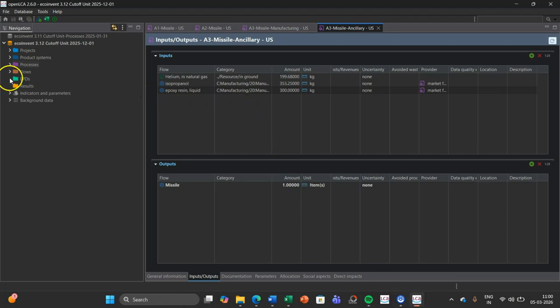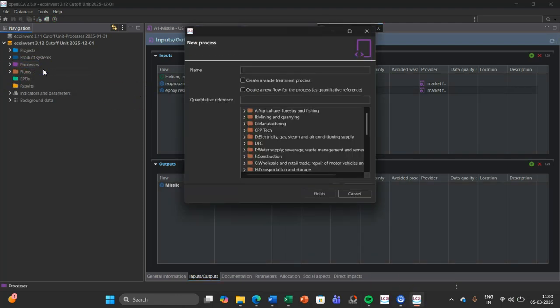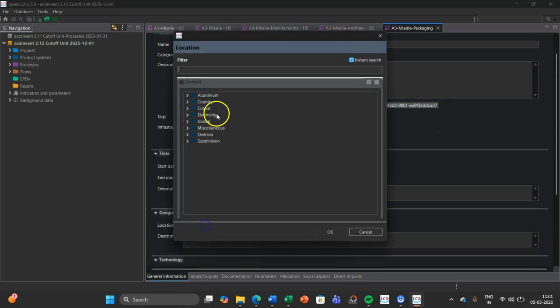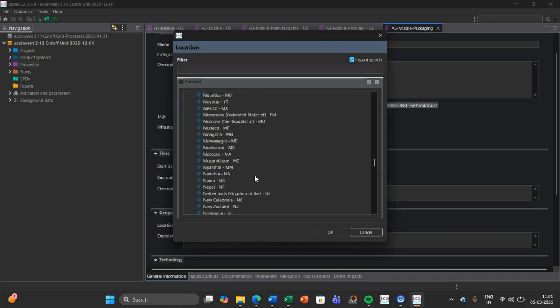Now here comes the A3 missile packaging. Okay, here it is.